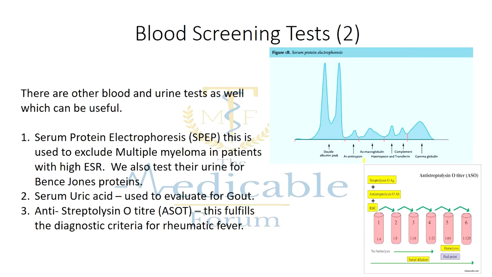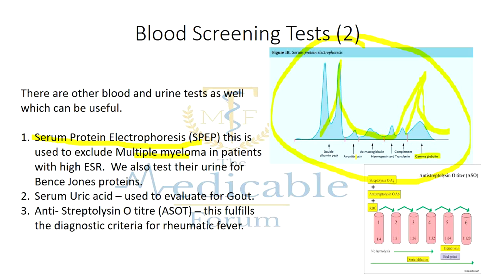There are some other blood and urine tests as well. Serum protein electrophoresis is used to exclude multiple myeloma in patients with high ESR and back pain. Here you see a serum protein electrophoresis, and in patients with multiple myeloma, the amount of gamma globulin will rise, leading to an M spike.